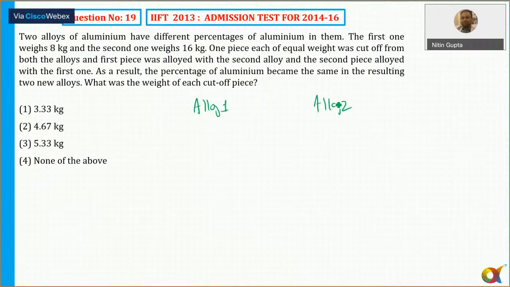The first one weighs 8 kg. 1 piece of equal weight was cut off. तो इसको दो पार्ट में डिवाइड करता हूं मैं. एक एक्स, ठीक है. 1 piece of equal weight was cut off.